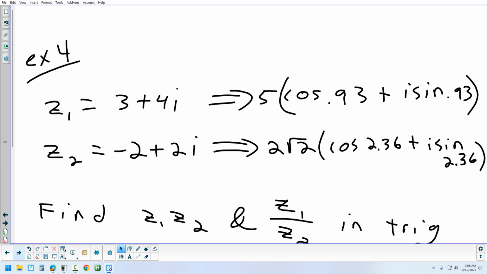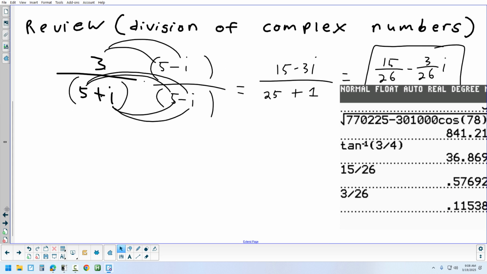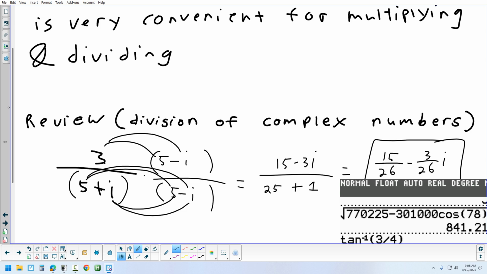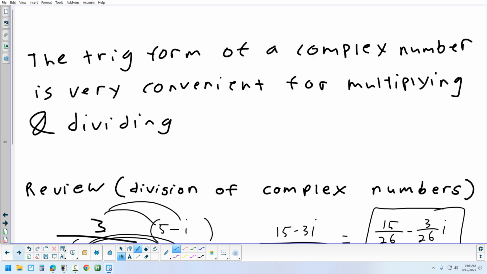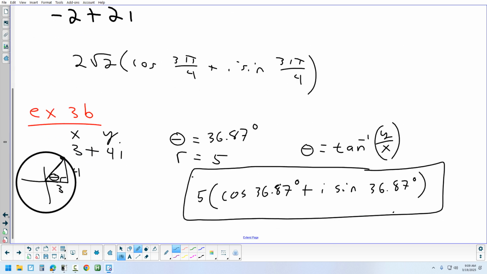Okay. Yep. I think back in the original example, 3 plus 4i, for inverse tangent, we had some lines in the y over x. Not this one though. No, not that one. Oh, let's see. We did inverse tangent. Let's go back. It should be inverse tangent of y over x.